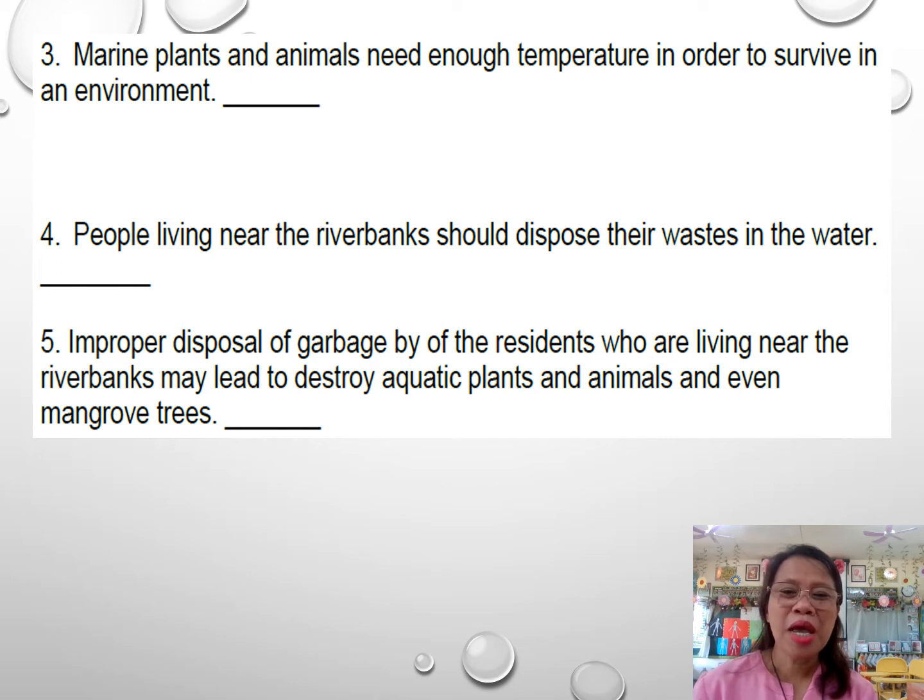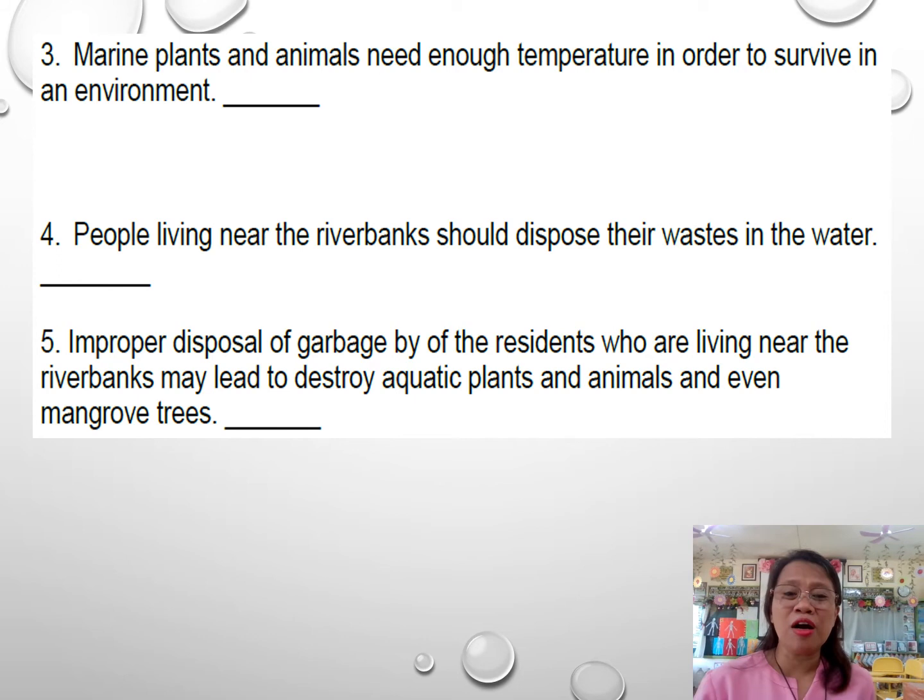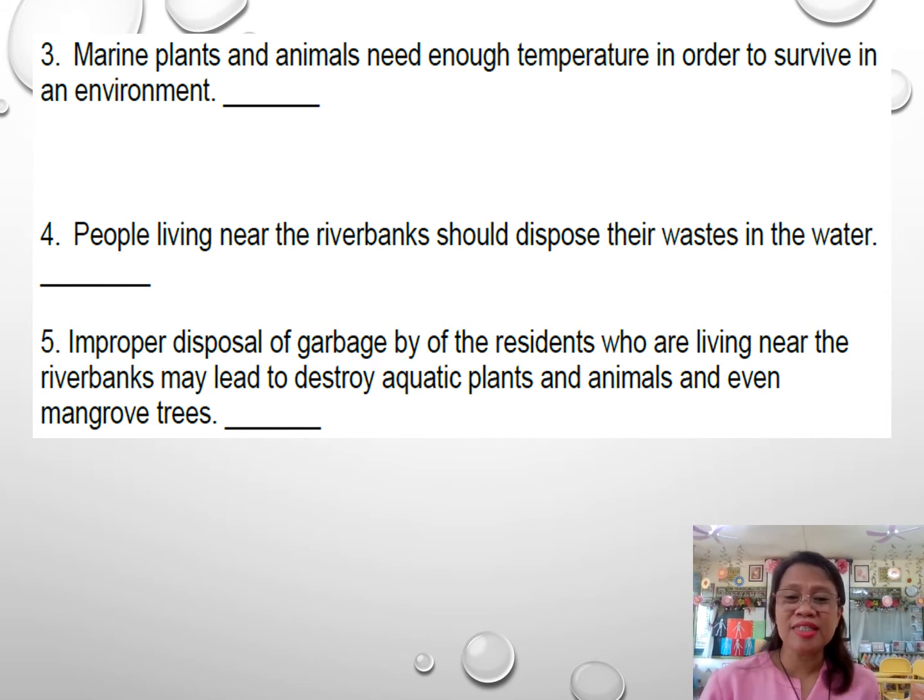Number 4, people living near the river banks should dispose their waste in the water. People living near the river banks throwing their waste into the water. True or false? And number 5, improper disposal of garbage by the residents who are living near the river banks may lead to destroy aquatic plants and animals and even the mangrove trees.